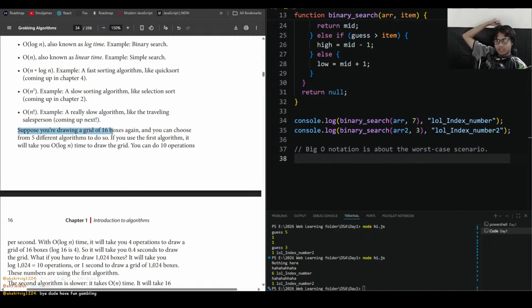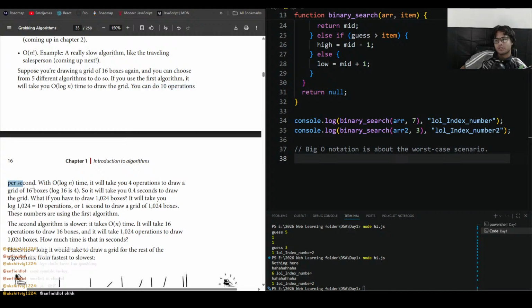Suppose you are trying to draw 16 boxes again, and you can choose from 5 different algorithms to do it. If you use the first algorithm, it will take you O(log n) time to draw the grid. You can do 10 operations per second.